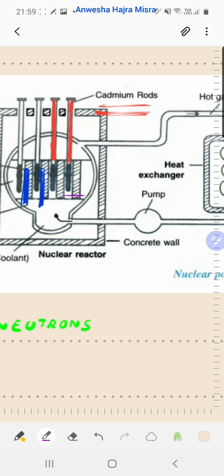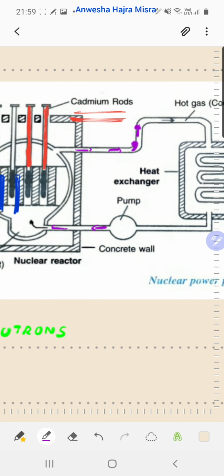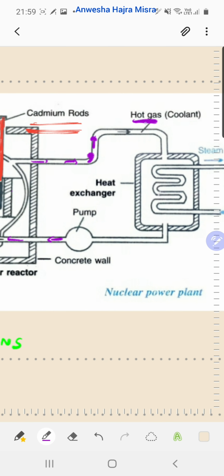It comes in from here and comes out from there as hot. It gets heated due to the heat produced. The hot gas comes out.